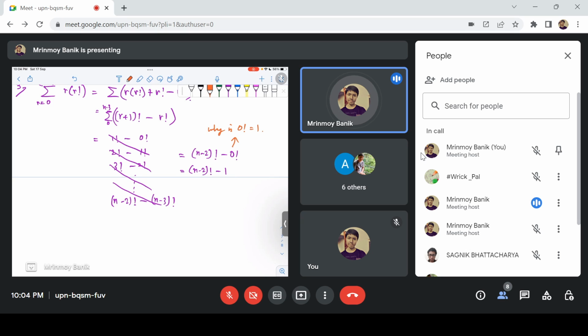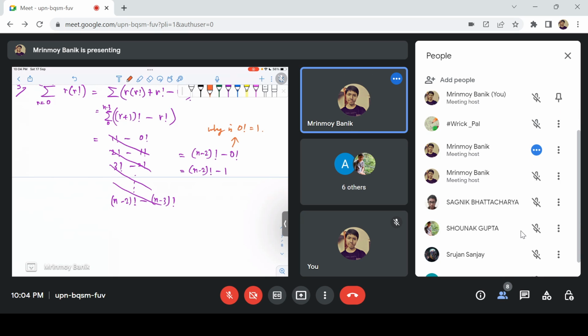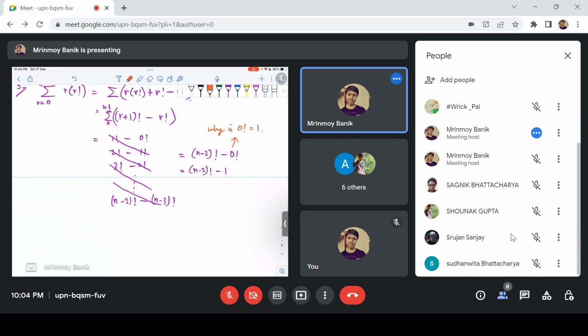Or do you think it's a definition or arbitrarily set to 1? Anyone? Shonok? Can you prove why 0 factorial is 1?